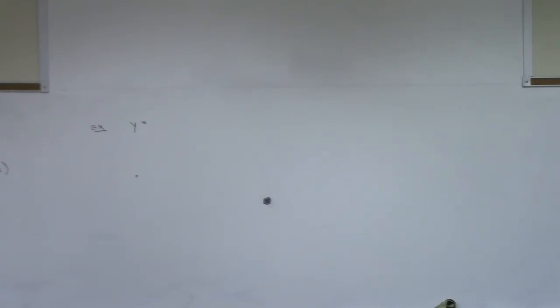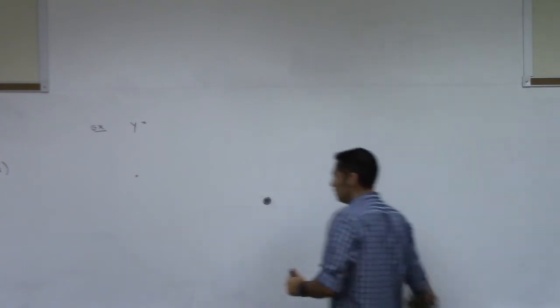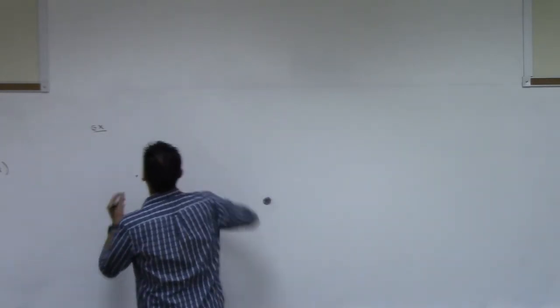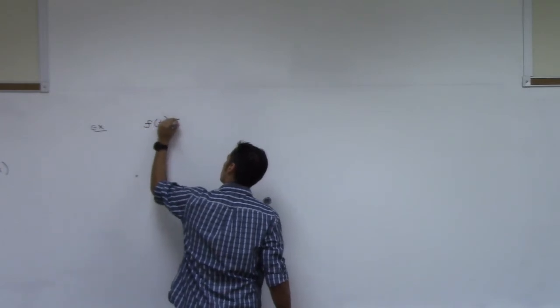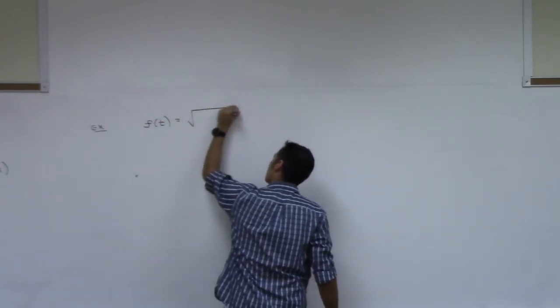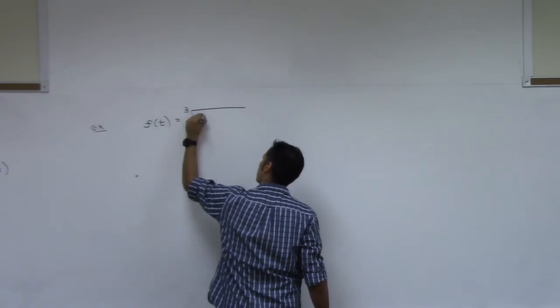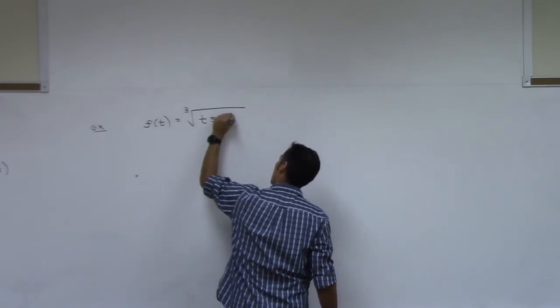How about something that looks really different? How about f of t, use a different variable, is the cube root of t sine t.